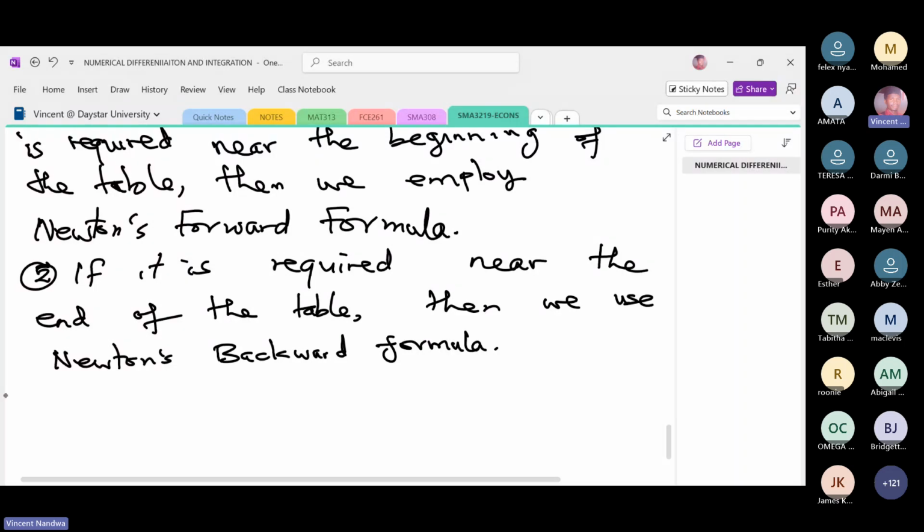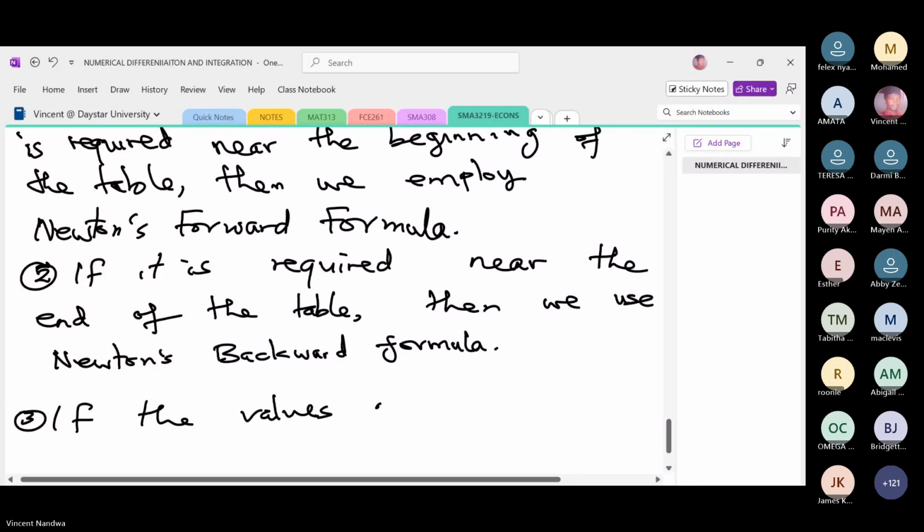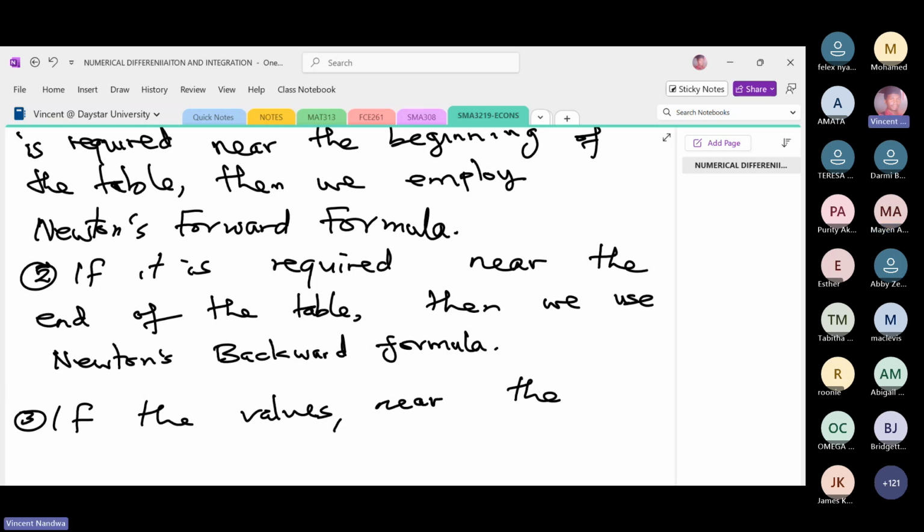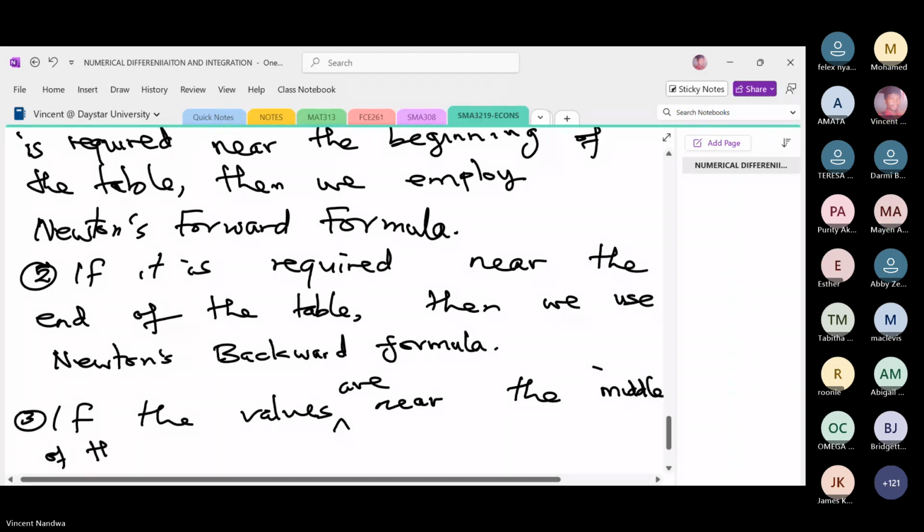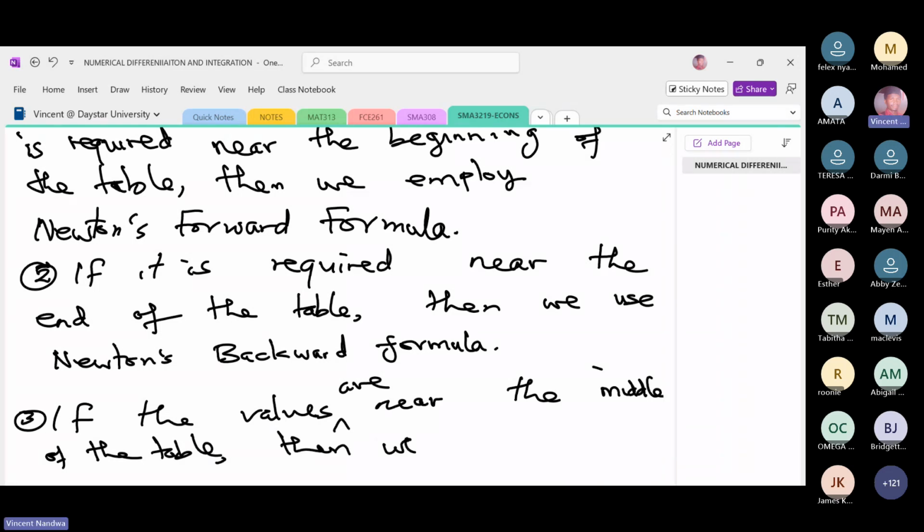Then 3, if the values are near the middle of the difference table, then we use which formula?